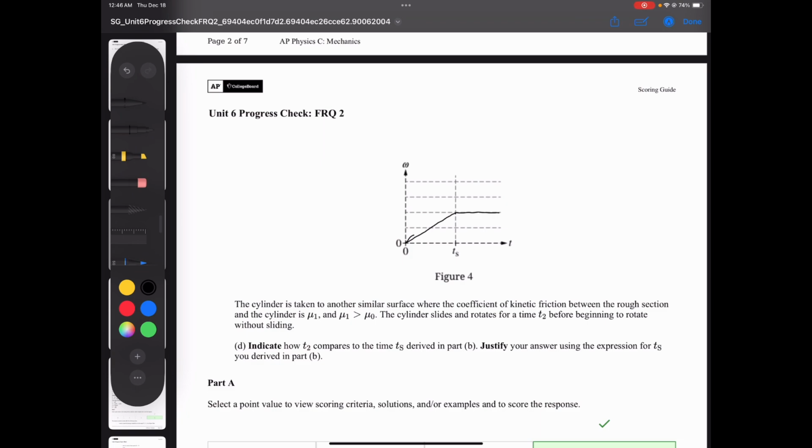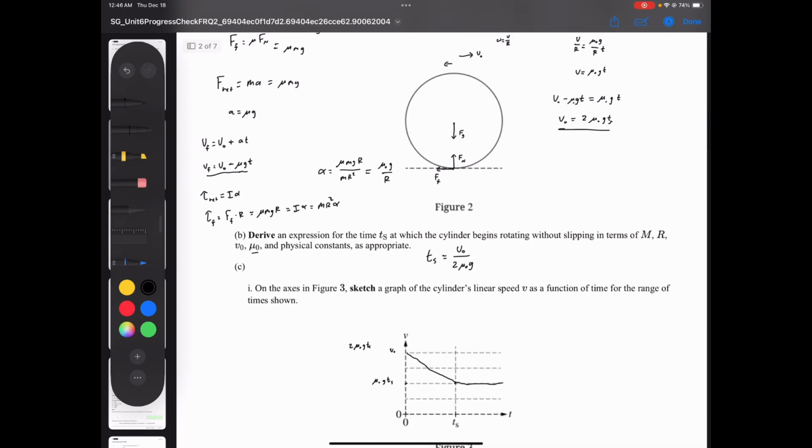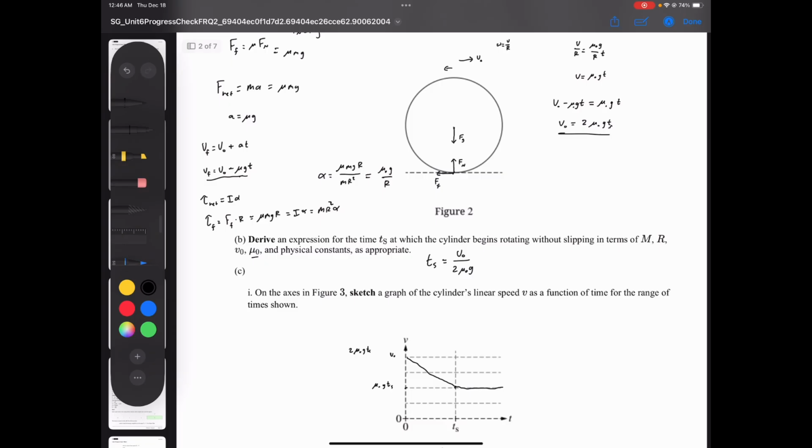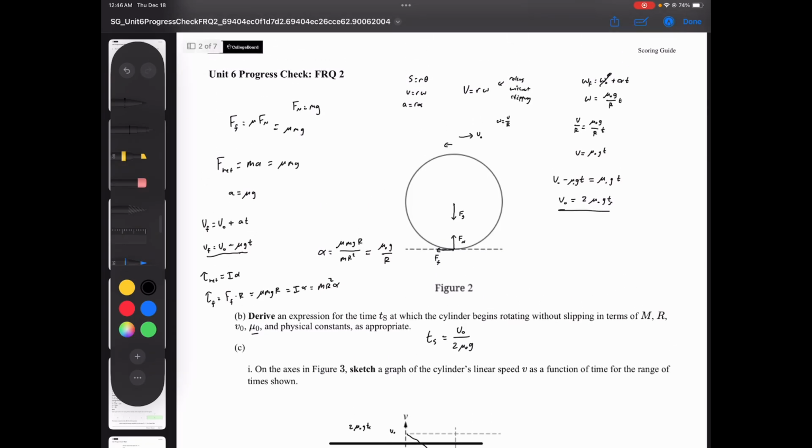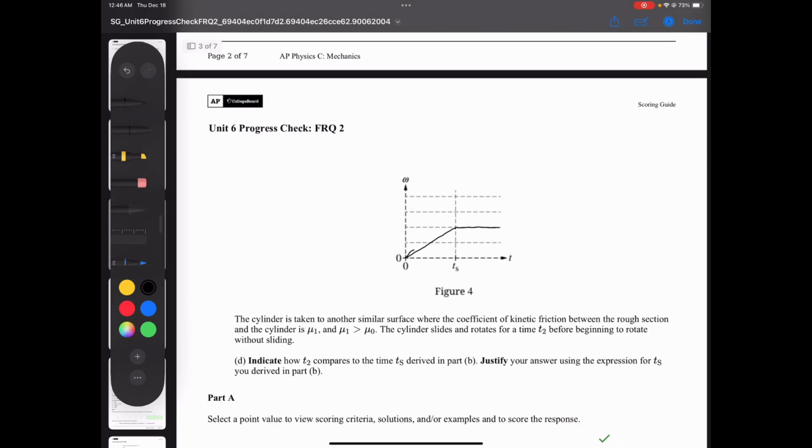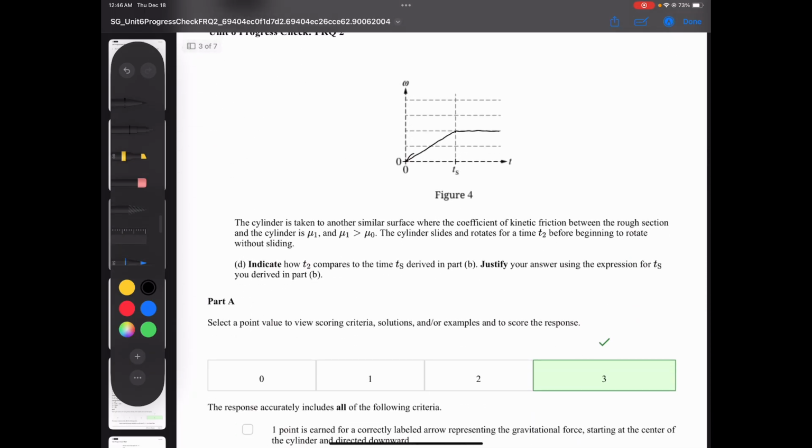So anyways, that's the situation. To label this axis, that's going to be the expression for omega, which is mu naught G over R times T. That's going to be what the value is.